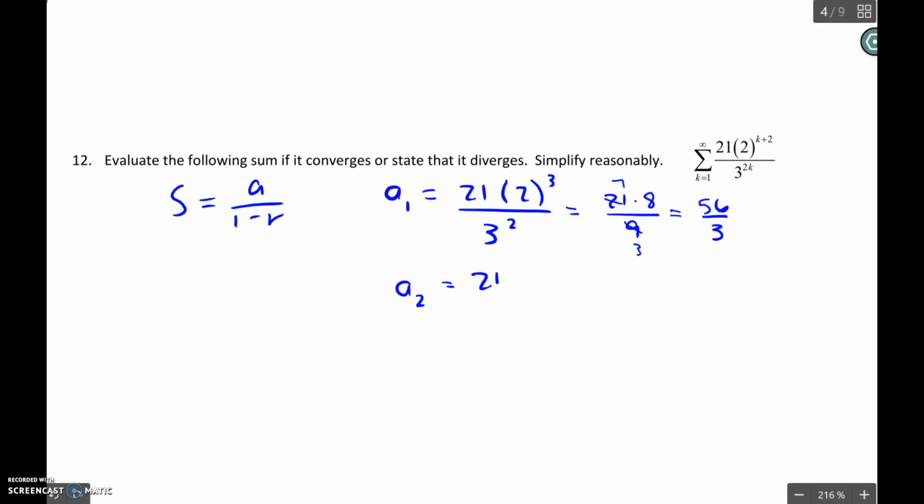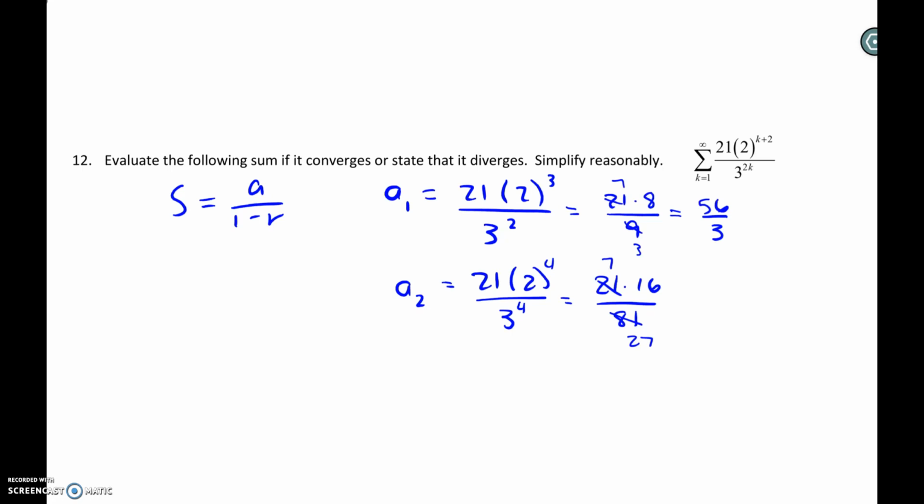You have 21 times 2 to the 4 over 3 to the 4, so that's 21 times 16 over 81. Take out a 3, you have 27 and 7. That's going to be a pretty big number, 7 times 16 over 27, so let's not multiply that out.